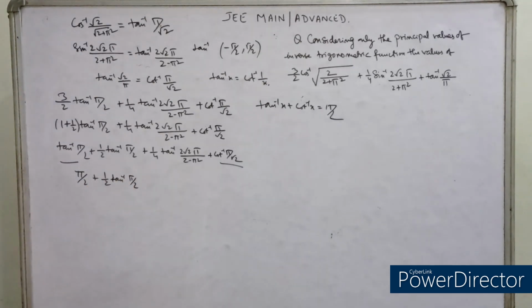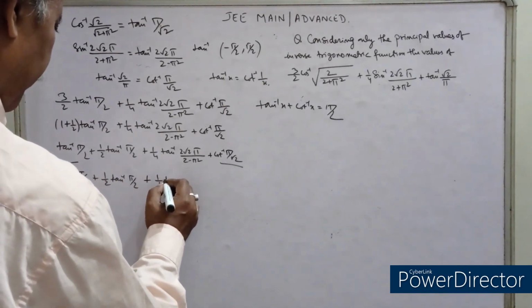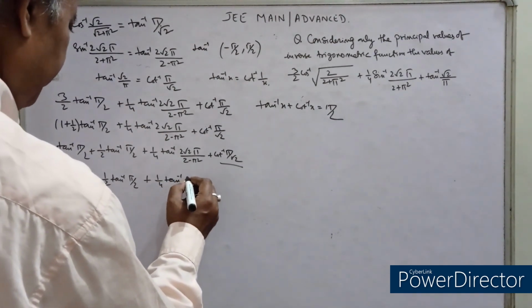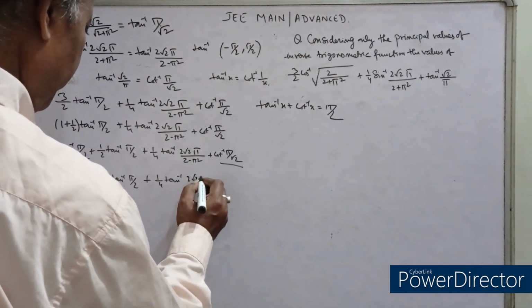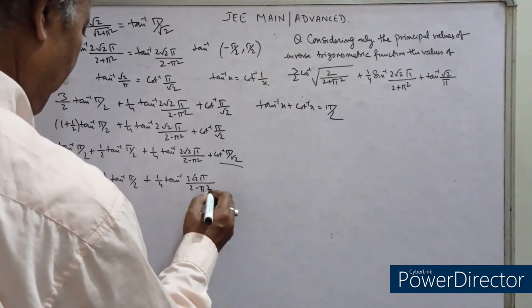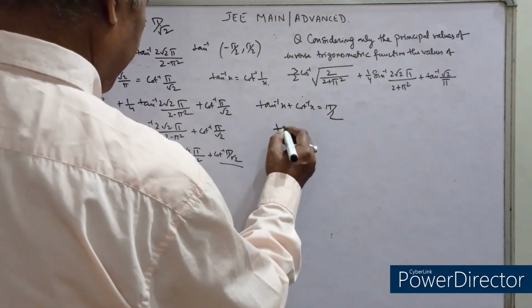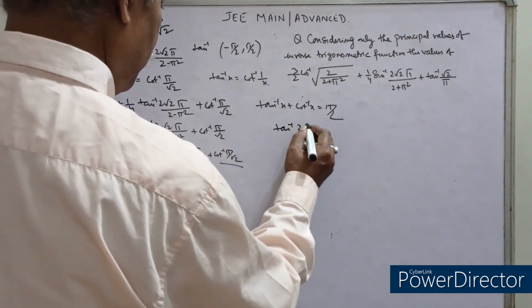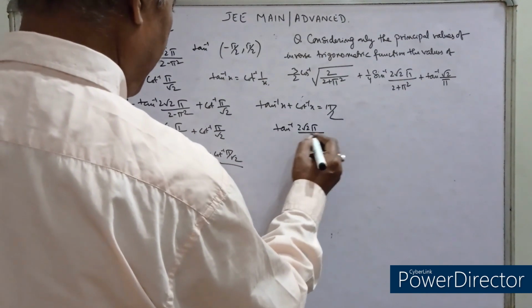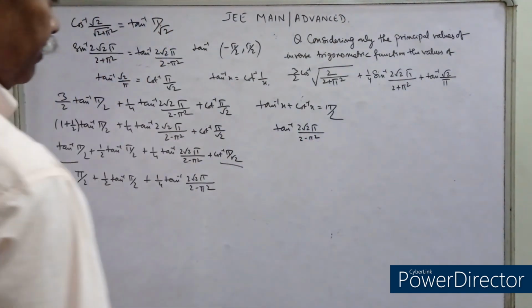And here again 1 by 4 tan inverse 2 root 2 pi by 2 minus pi square. So here let me do something: tan inverse 2 root 2 pi by 2 minus pi square.